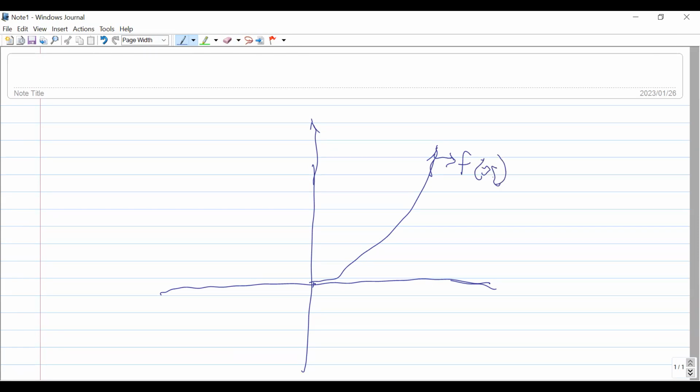And suppose y equal to f of x. So we have a point here, y2, which corresponds to our x-axis value, which is x2. And here we have x1, and then here we have y1, and this will correspond with these y values.